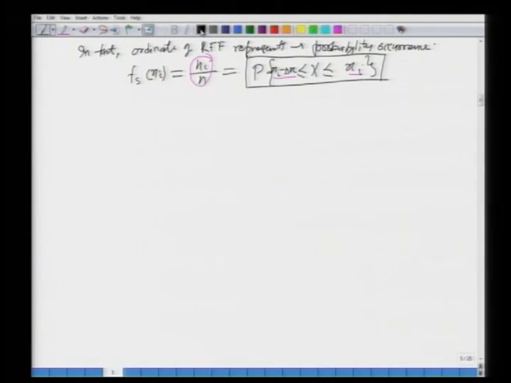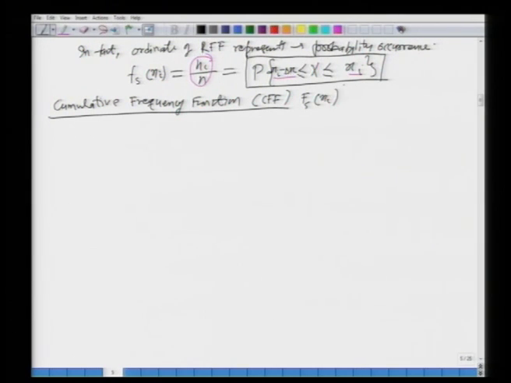Related to this relative frequency function, we will define another term which is called the cumulative frequency function. Let us say this is CFF, and we denote it as capital F subscript s of your x_i. As the name suggests, it is a cumulative type of function. What is a cumulative function? Which is accumulated.